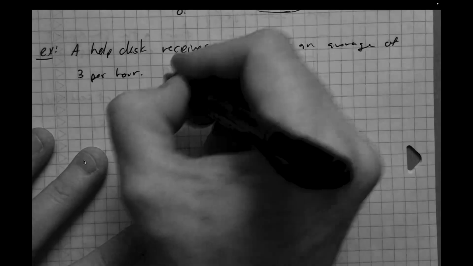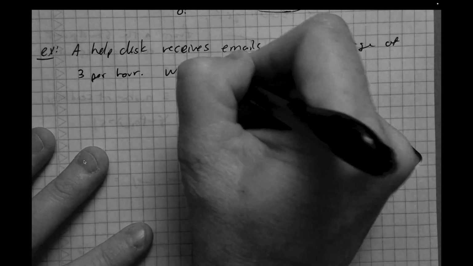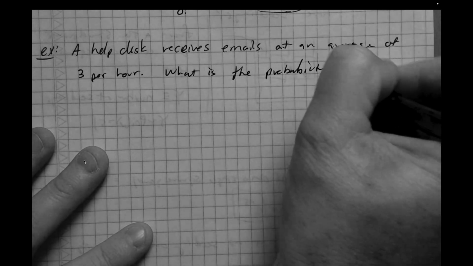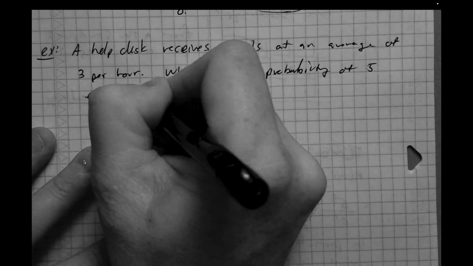So let x be the number of emails that will arrive in the next hour. What's the probability that x is equal to 5? So what's the probability of 5 emails in the next hour?